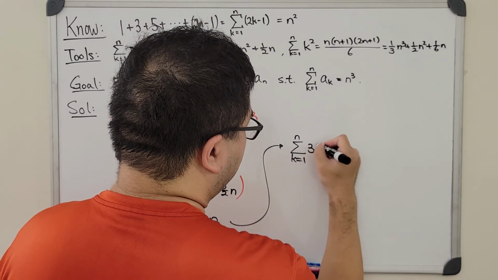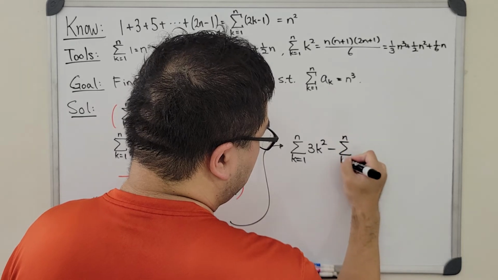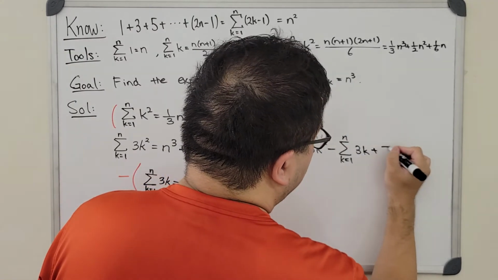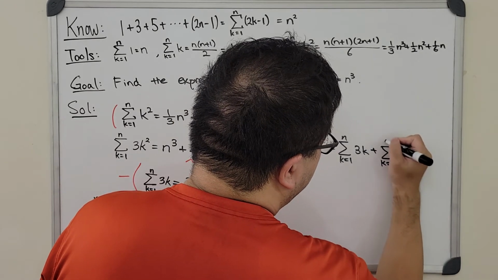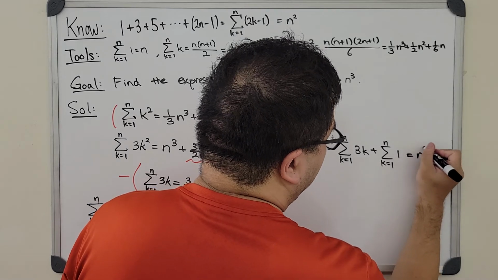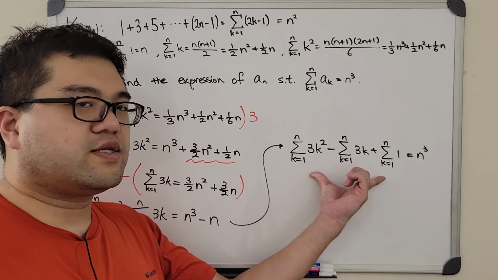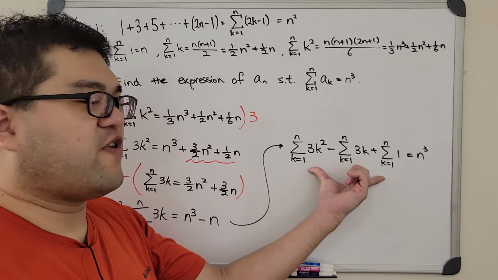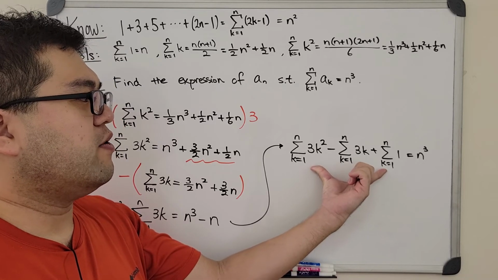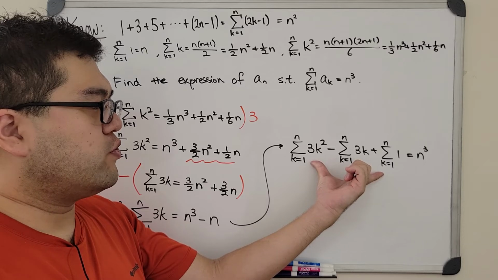We have the sum of 3k squared minus 3k plus the sum of the ones, so that on the right-hand side we will actually end up with n cubed. And since this is finite, and again, when we say finite, it means that there are only finitely many terms here. It doesn't go to infinity.